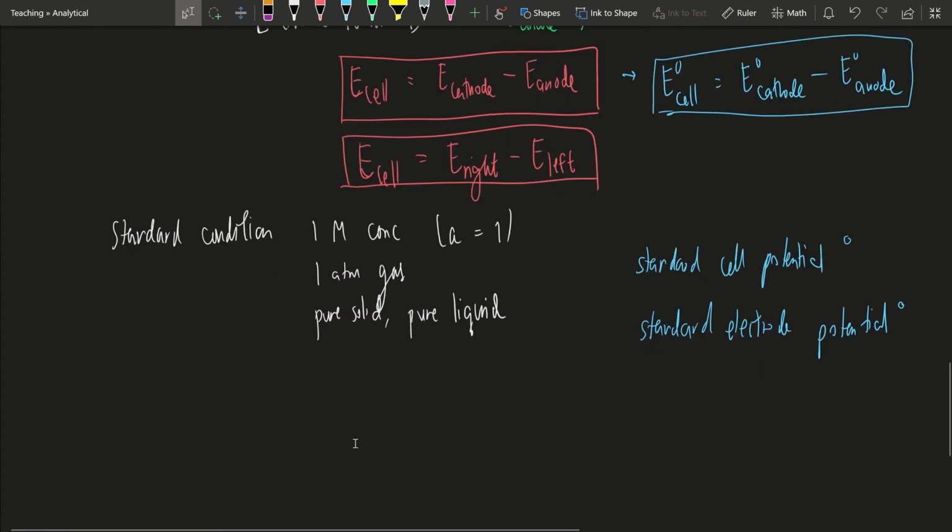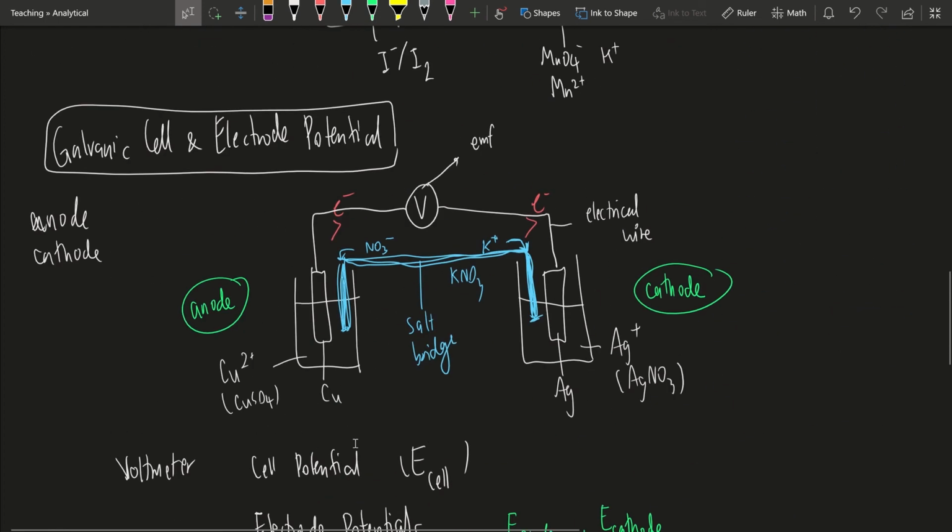For example, let me go back to this silver and copper electrochemical cell. If we know that the number on this voltmeter is 0.46 volt, and we know that the copper 2 plus has the electrode potential of 0.34 volt, what is the electrode potential of this silver half cell?